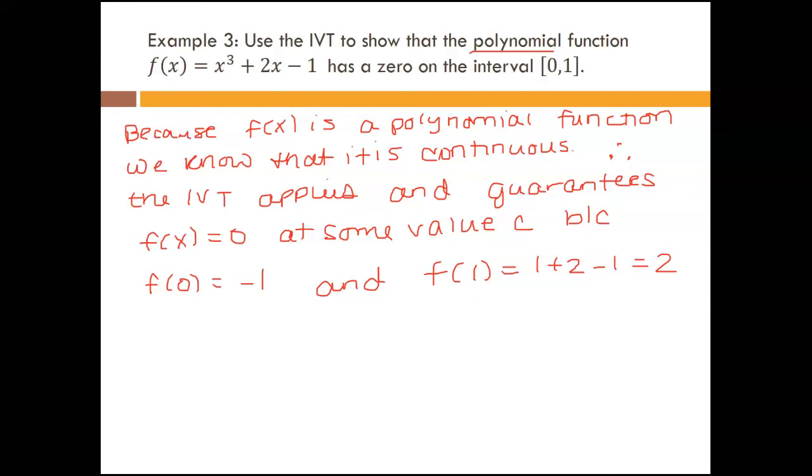So by IVT, it guarantees f of x will equal 0 at some value c, because at the beginning of the interval, we're at -1. At the end of the interval, we're at 2. So it means that between -1 and 2, we have to have a 0. It has to cross the x-axis at some number.